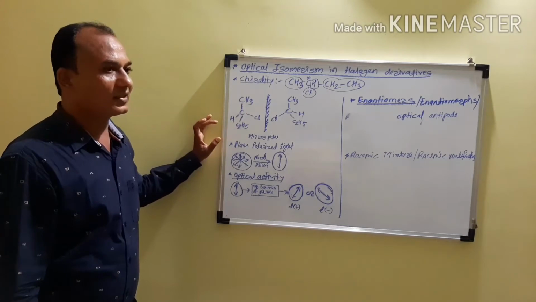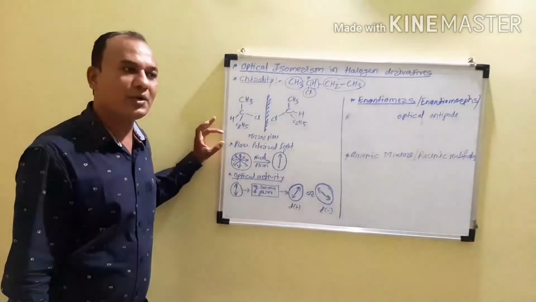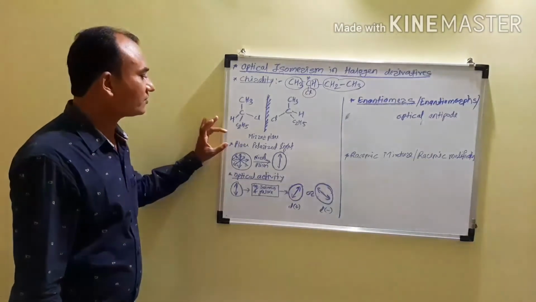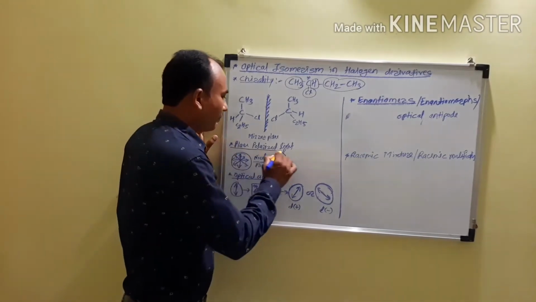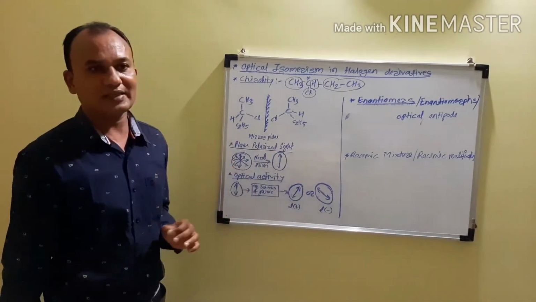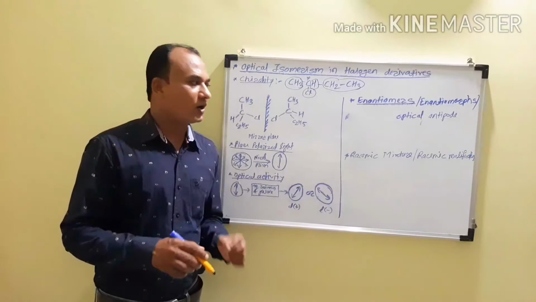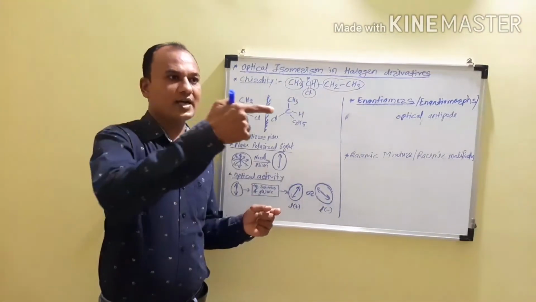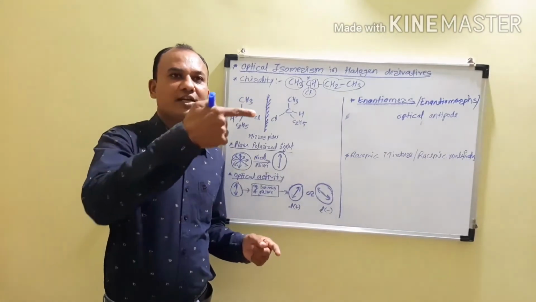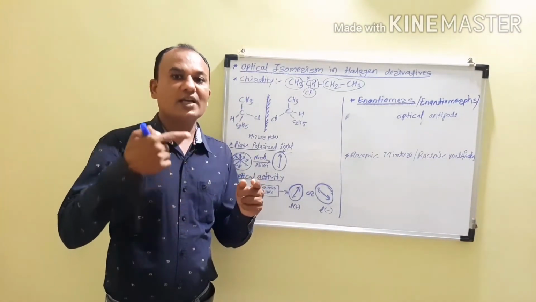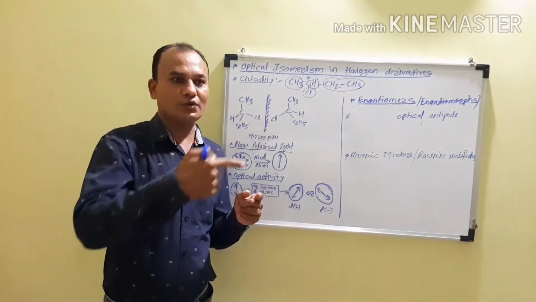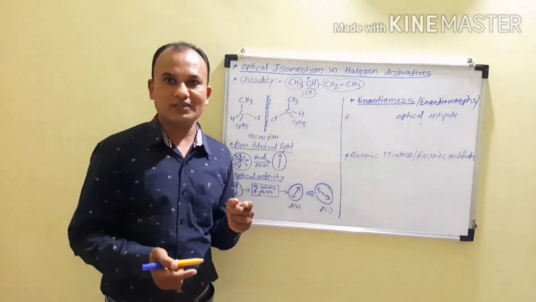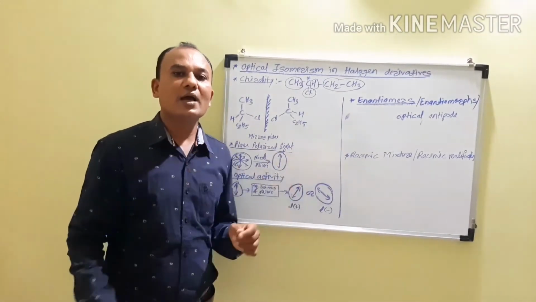Now the second concept that we have to consider is plane polarized light. Now which is called a plane polarized light? Ordinary light propagates in space in a particular direction, and it is associated with electromagnetic waves, that is the electric waves as well as the magnetic waves.